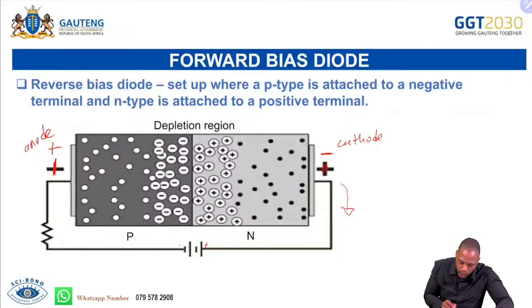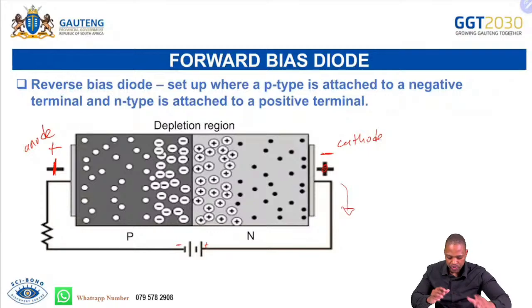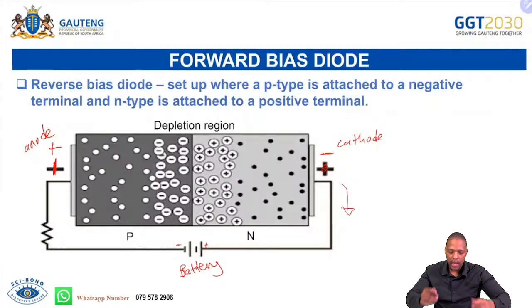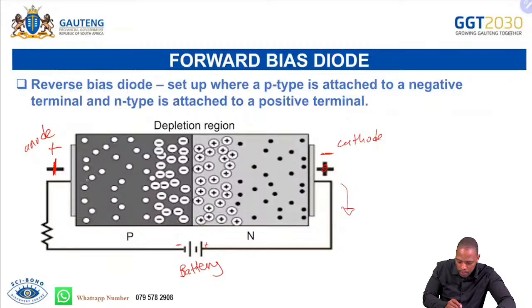And you remember we have negative charges on this side of our battery or external power source, whatever it may be. Let's say it's a battery in this case. These negative charges are being pumped in, so we are having more and more negative charges. Remember, these negative charges have created a depletion region here.